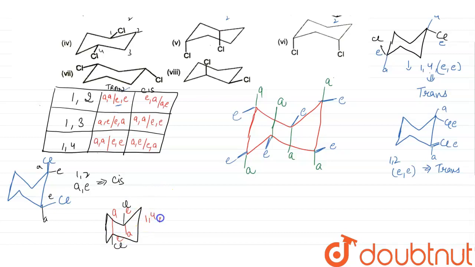So 1 4 equatorial equatorial, it is trans, it is not cis. So this fourth one is also not cis.